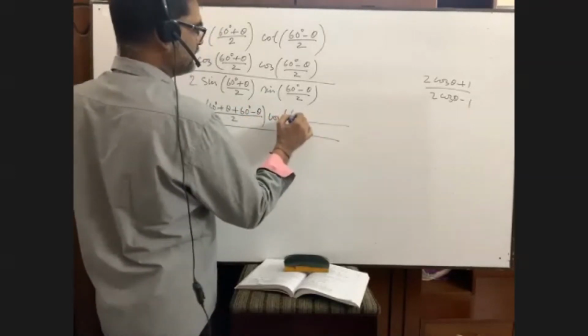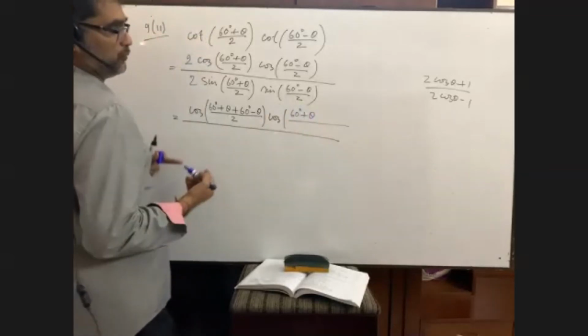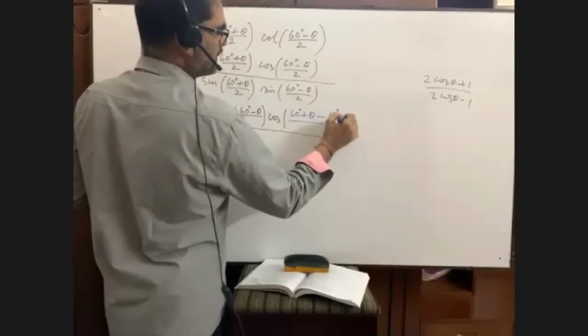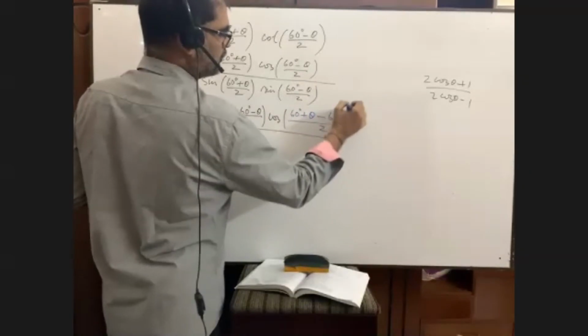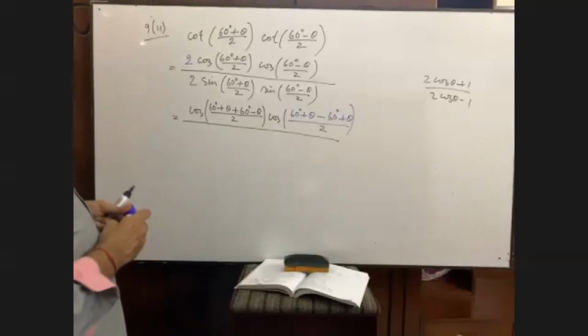A minus B, this is 60 degree plus theta by 2. I have got the LCM at a time.